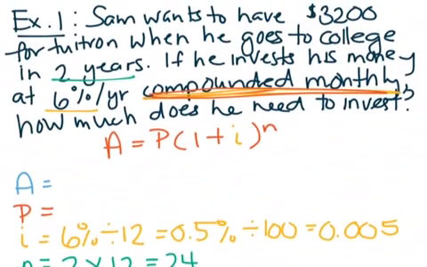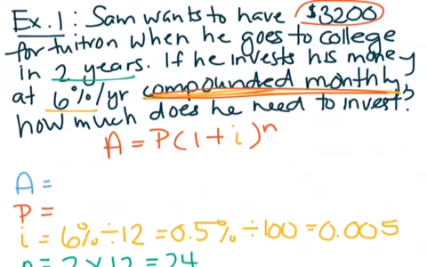So now we've got to figure out whether we have A or we have P. Sam wants to have $3,200. Does that mean he has it now, or he wants to have it in the future? If it's in the future, we know we're looking for A. If he has this money in the present, we know we're looking for the principal, the amount he can invest right now.